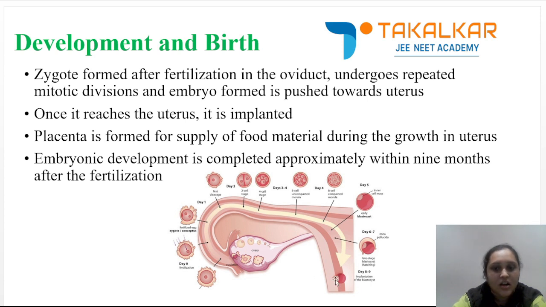This placenta will provide nutrition to the developing embryo. So this process of implantation plays a very important role in embryonic development. The placenta supplies food material during growth in the uterus to the developing embryo. For complete development of the embryo, approximately 9 months are required after fertilization.